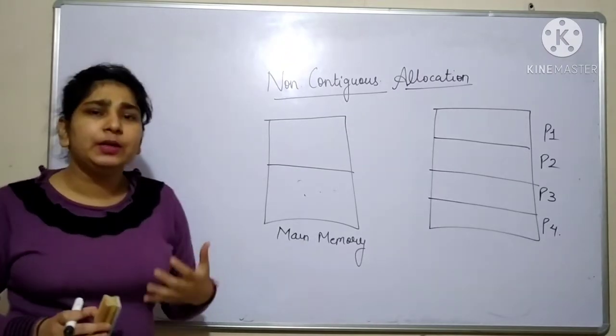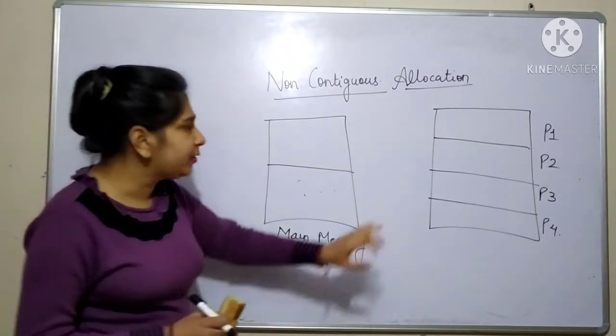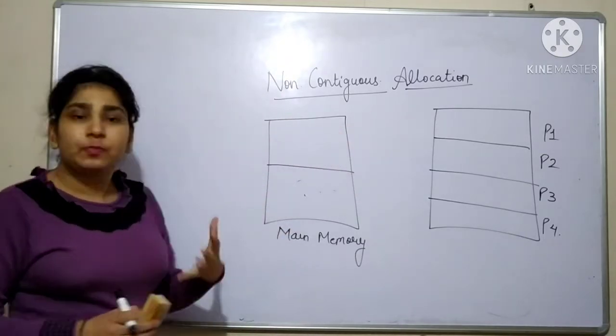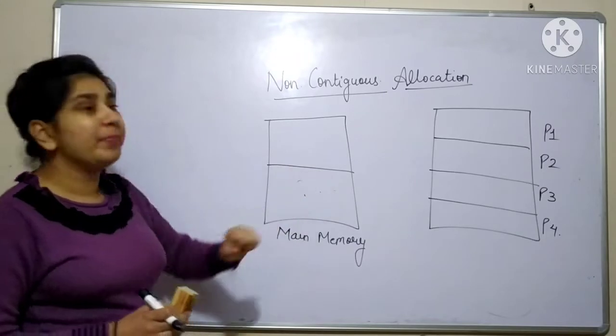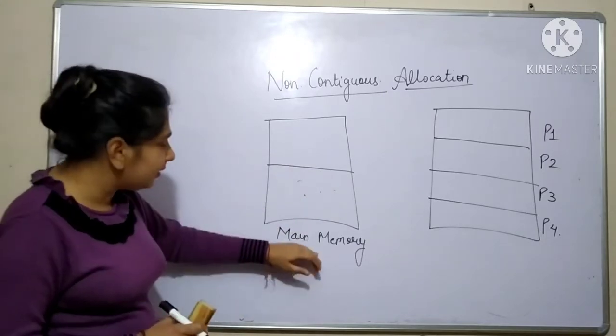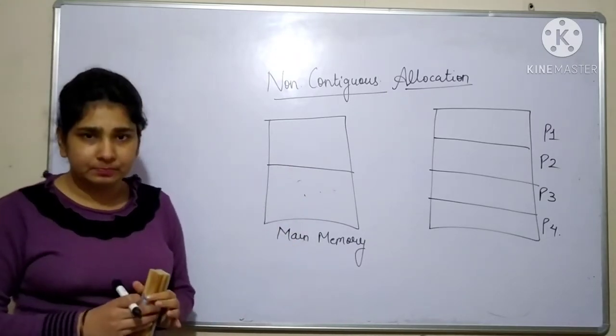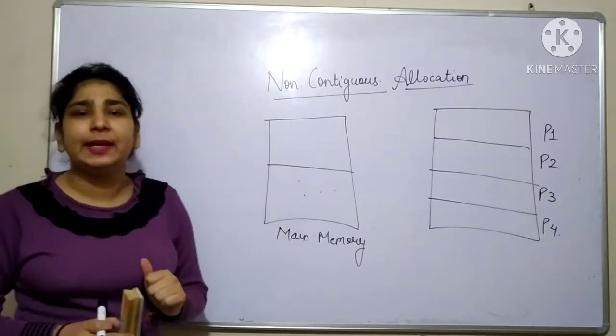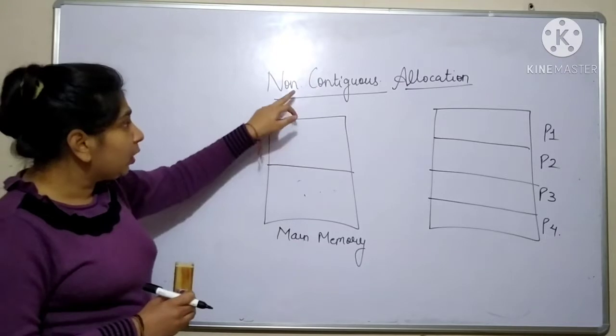If you load some part of the process in the main memory, then we are able to store many processes in the main memory. That is actually non-contiguous allocation.